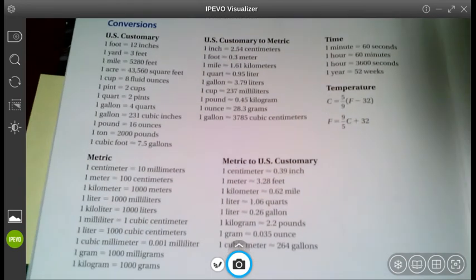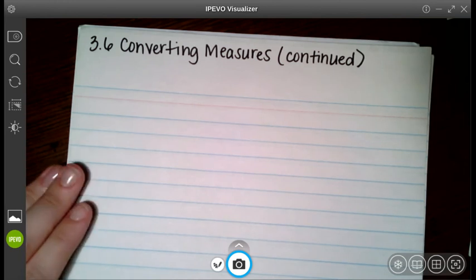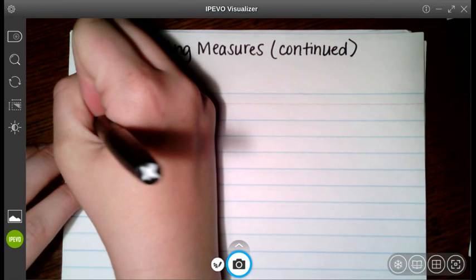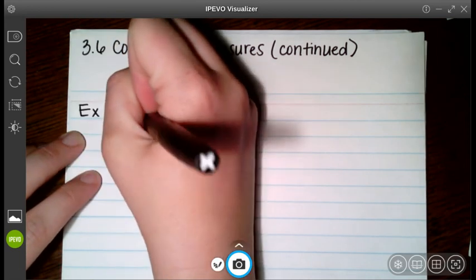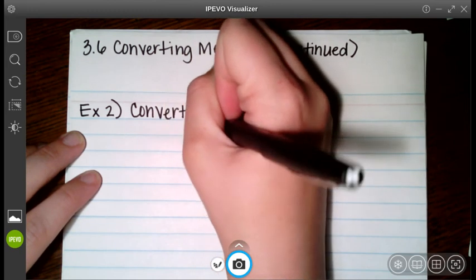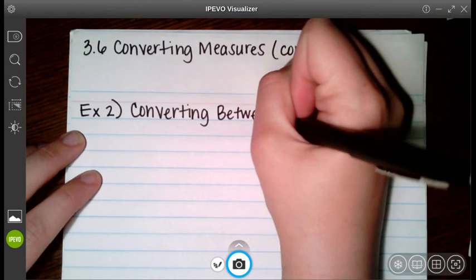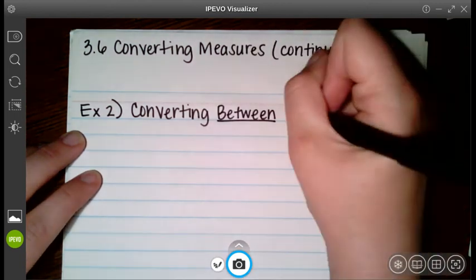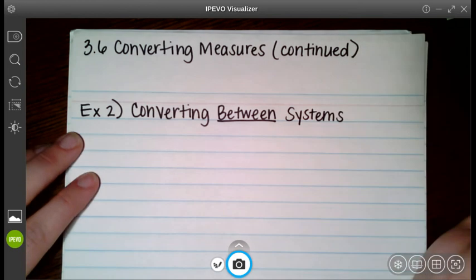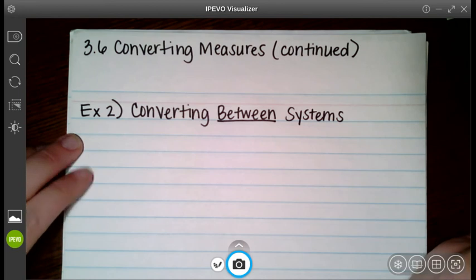So let's take a look at example 2, where we are converting measures between systems. That's going to be metric to customary or customary to metric.